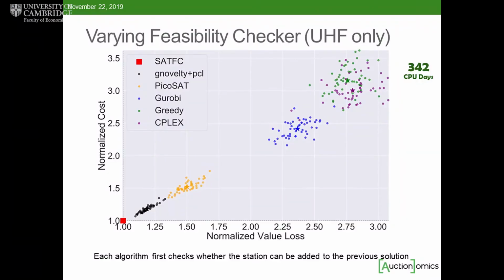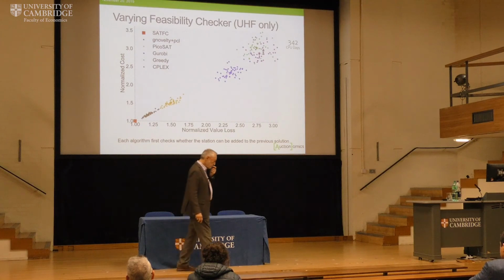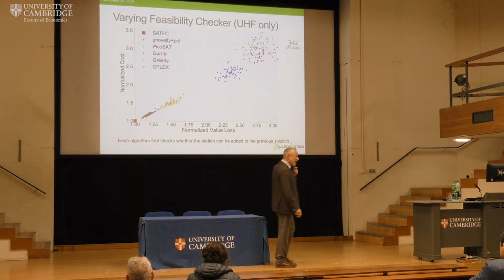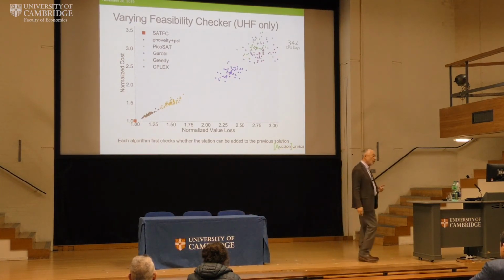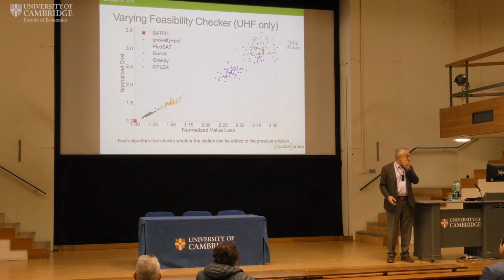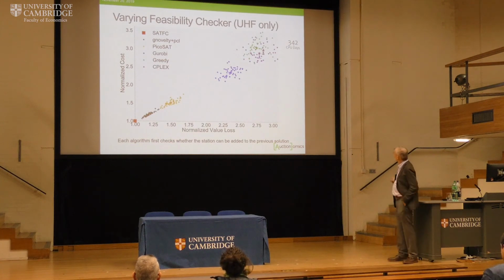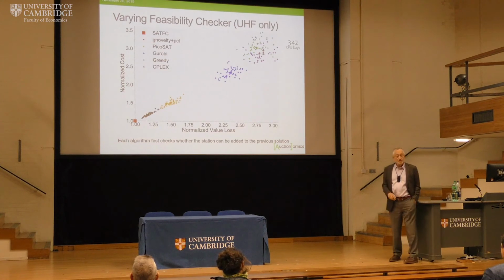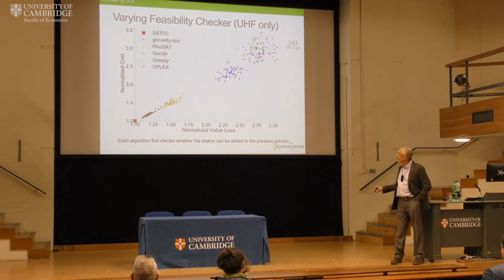Okay. This is one that is in there because Kevin is so proud of it. The feasibility checker, the algorithms that were created for the auction, how important were they? What if we had run the same auction when we're checking feasibility using commercial software? So up here somewhere, the state-of-the-art mixed integer programming software, which also does feasibility checking, are CPLEX and Gurobi.